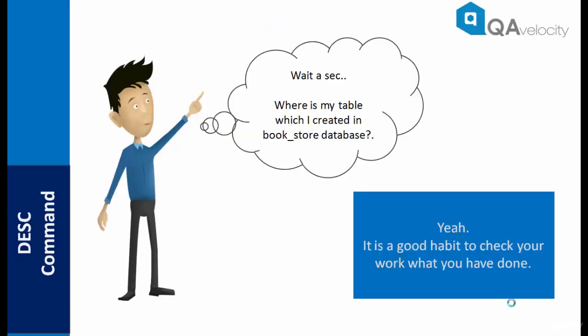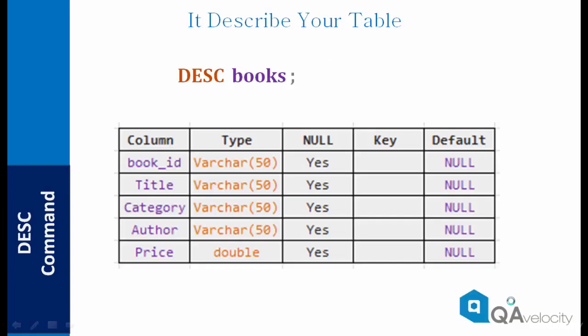Wait a second, where is the table which we have created in the bookstore database? Yeah, that's a good habit, to check the work you have done. To see the structure and details of your table, SQL provides a command DESC, which stands for describe. You just need to write DESC and the name of the table. In our case, the table name is books.